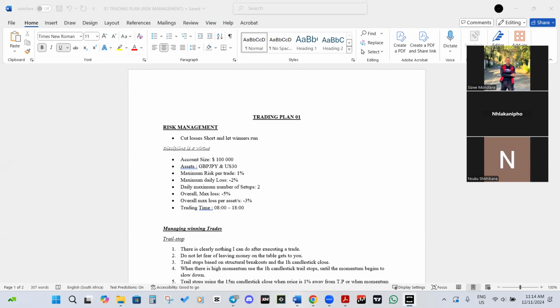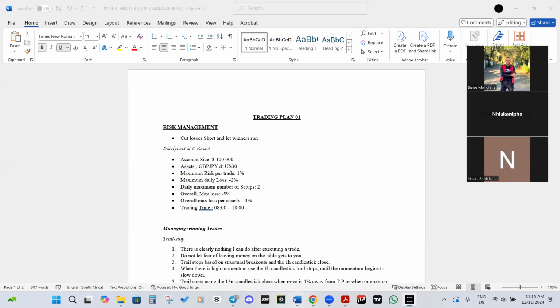Yeah. So risk management is everything that helps you protect yourself from the market and protect your capital. Meaning what you have said: making sure that you lose 1%, that you cut your losses short, that you know how to handle losing streaks and losing trades, and how to avoid big losses.